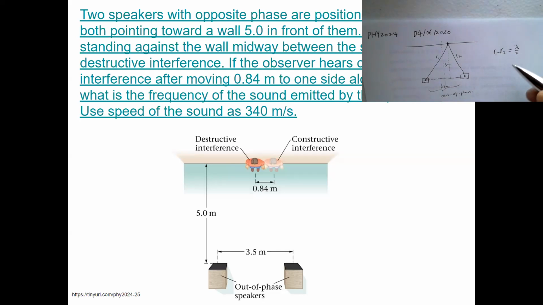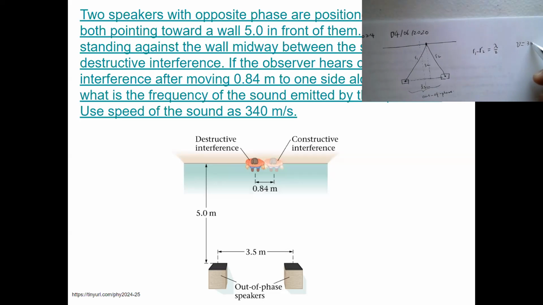It also tells us this is a sound wave. Sound waves have a wave speed v equal to 343, or is it 340? Yeah, 340. A lot of times we just use 340 as the speed of sound in air at room temperature.